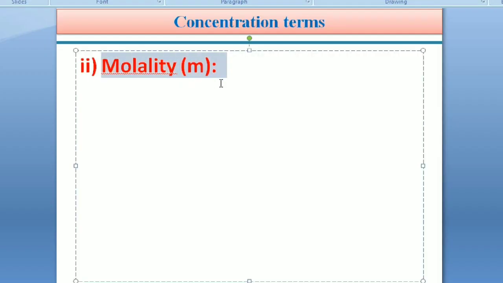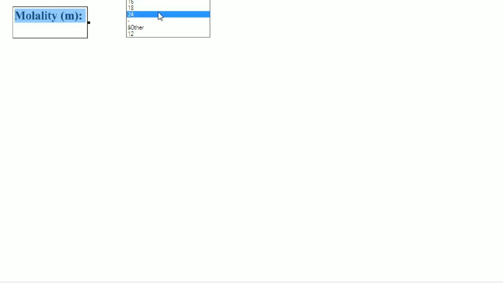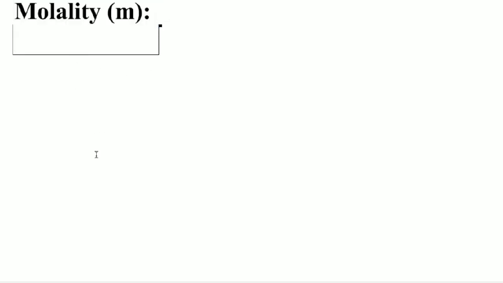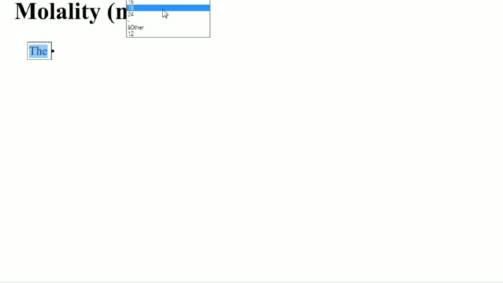Molality is defined like this: molality is defined as the number of moles of solute per 1 kg of solvent.